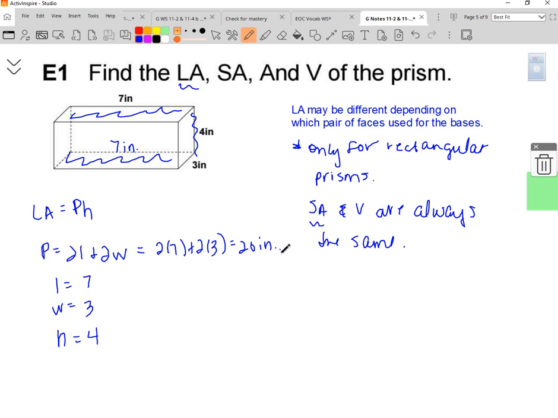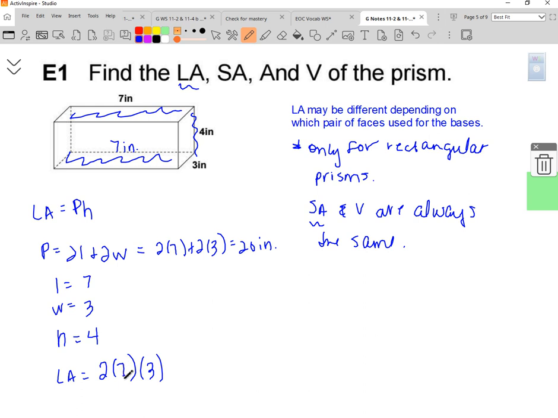The surface area is going to be 2 times the area of the base, so 2 times the length times the width, so 2 times 7 times 3.